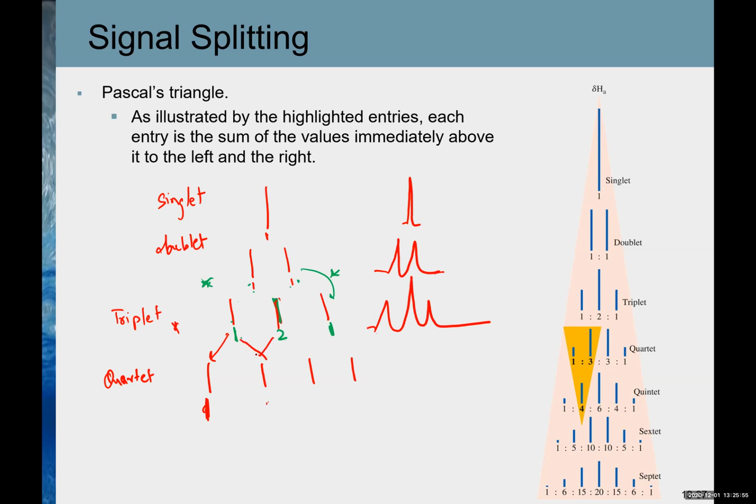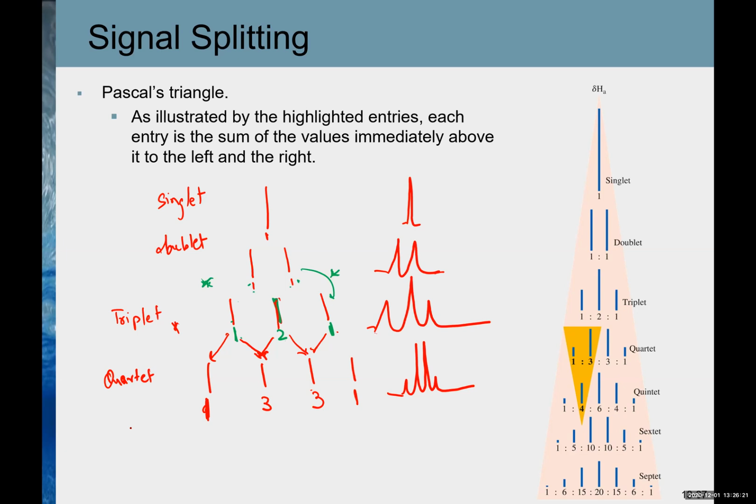So 1 and 2. 1 plus 2 is how much? 3. So this line is in the middle of these two. So 2 plus 1 is how much? 3. And 1 plus no number is 1. So intensity of quartet will be 1:3:3:1, or it means it will be 1, 3, 3, and 1. So quartet looks something like that.